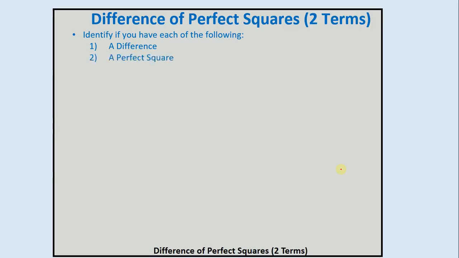You also need to make sure you have perfect squares. So both terms need to be perfect squares, aka 4, 16, 25, 36, any of that number. Then you can factor it into 2 factors, one with a positive, one with a negative. It's actually super simple.